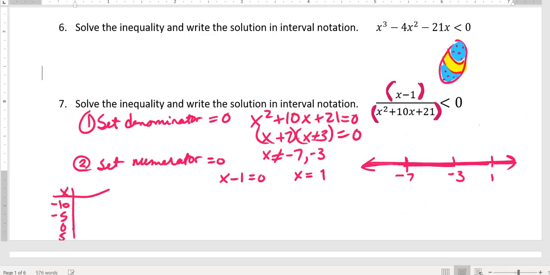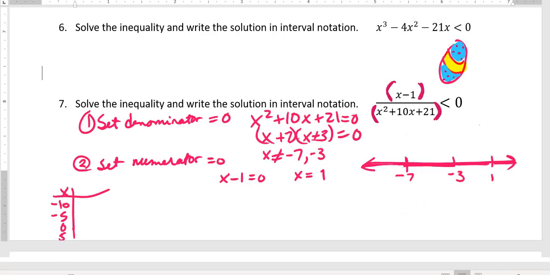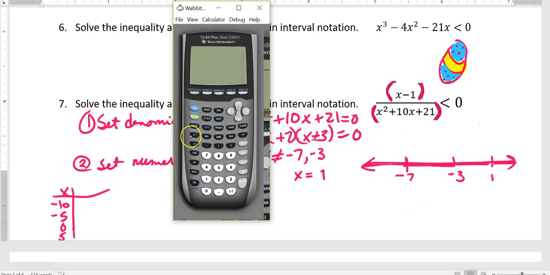Okay, so open up those calculators. An easy way to do this is to check your table. I went ahead and entered my function already, and now I'm going to hit second graph, and that gives me the table. I'm going to check at negative 10.